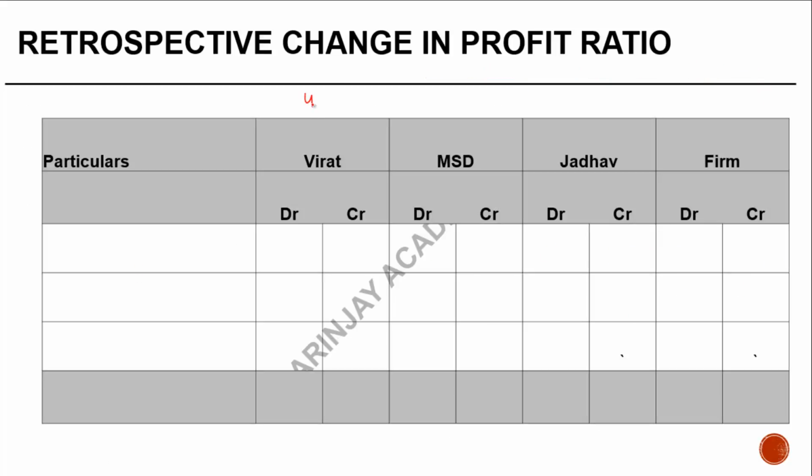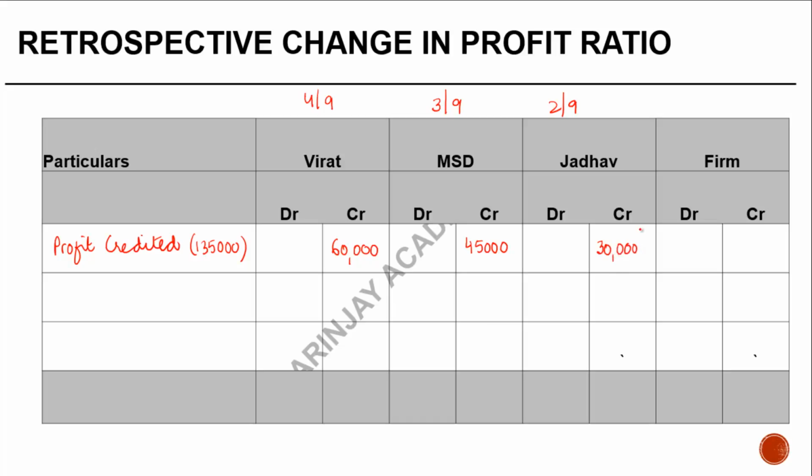So Virat is entitled to 4/9, 3/9, 2/9. So profit credited was how much? It is 4/9 out of 1,35,000. So Virat got credited by 60,000, MSD got credited by 3/9 or 1/3, which is 45,000, and Jadhav got credited by 2/9 or 30,000.